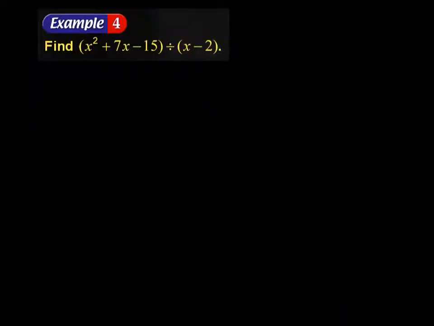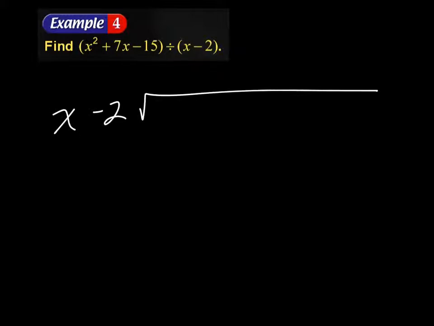Now, in example 4, I cannot come up with factors of -15 to give me a sum of +7. So my only option is to do long division. And again, we're asking ourselves, what do I need to take x times to get x squared? X. So x times x is x squared.